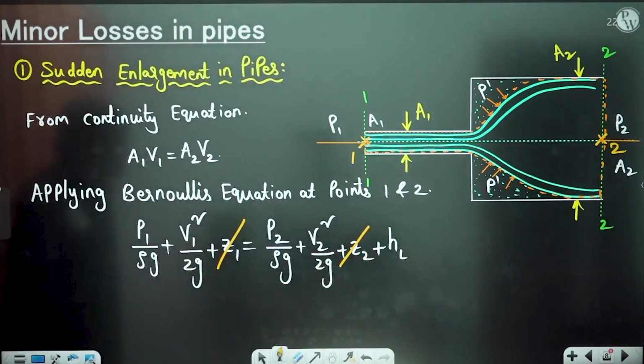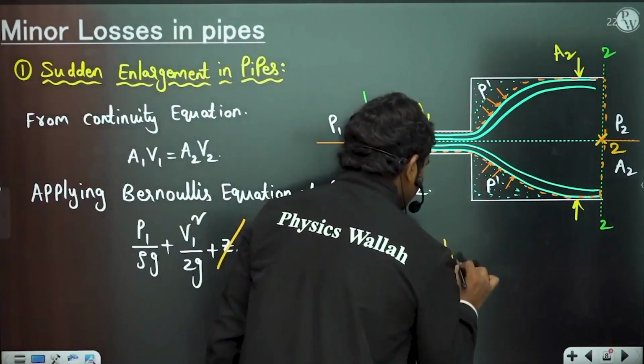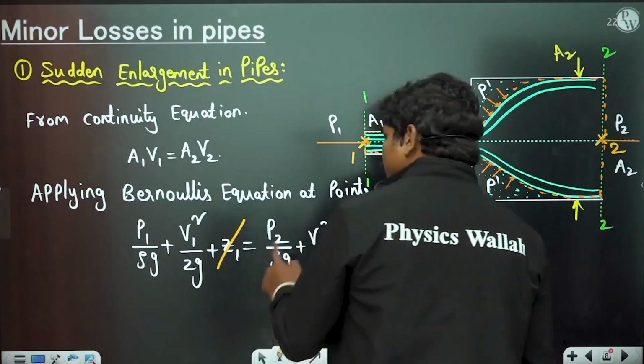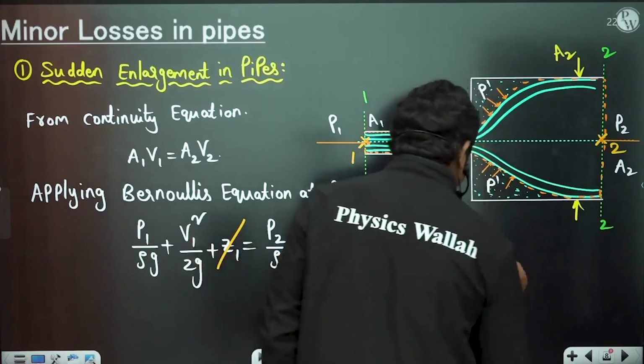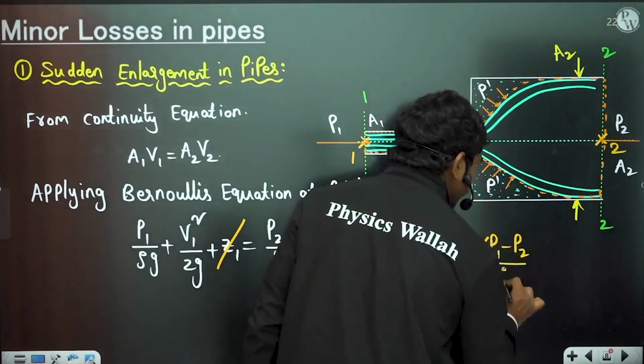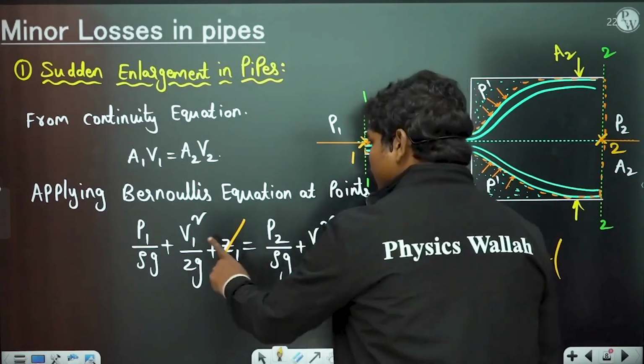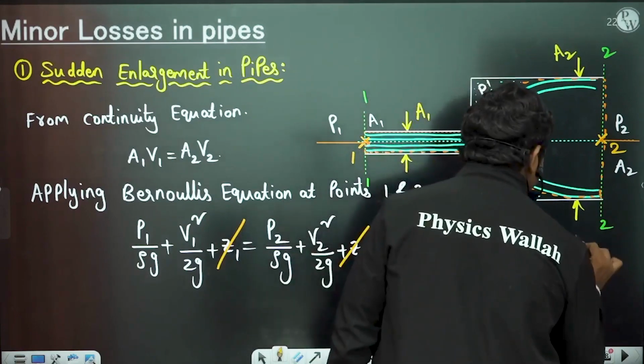We can cancel them. Clear? So now this HL is equal to P1 minus P2 by rho g plus V1 square minus V2 square by 2g. Correct?